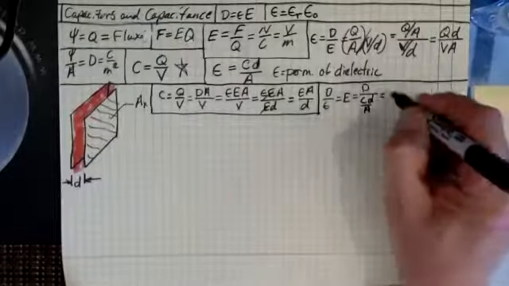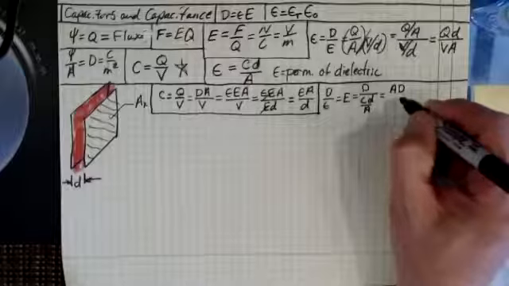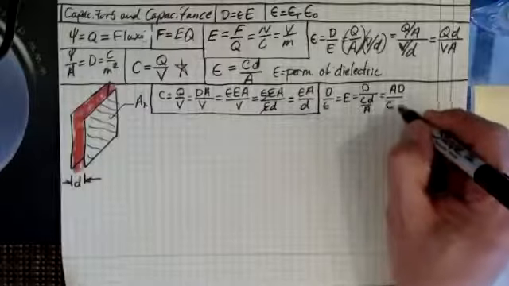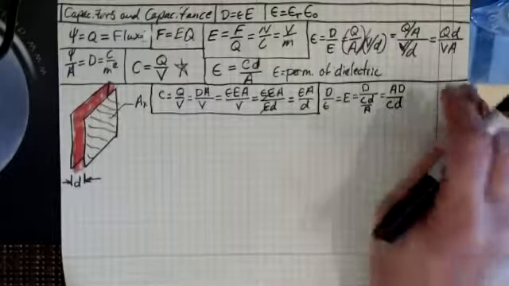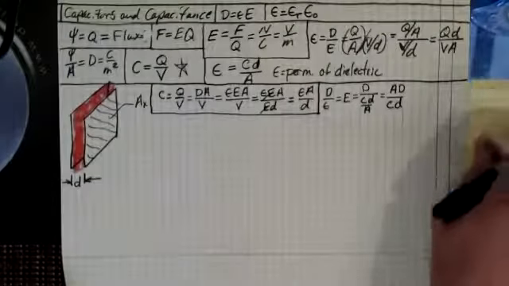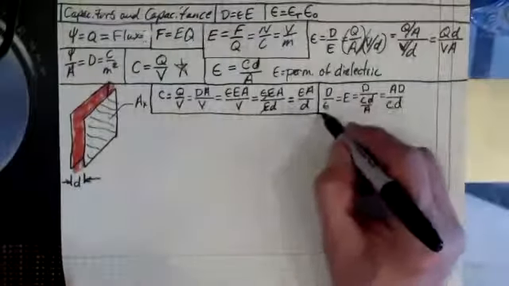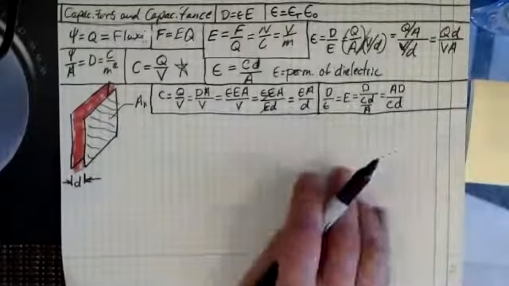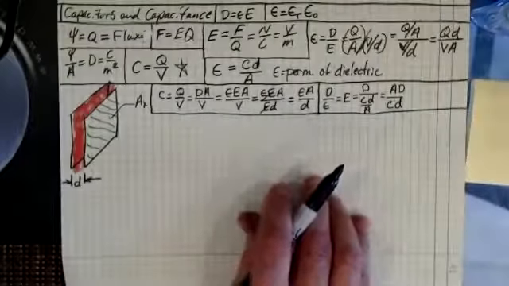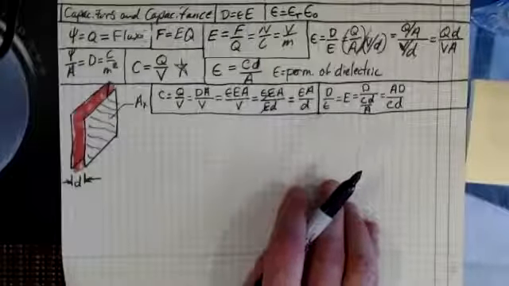So wouldn't this just be A times D over C times small d? That's what the electric field would be. Again, all of these are just algebraic manipulations of the same equations that I've already put up there.